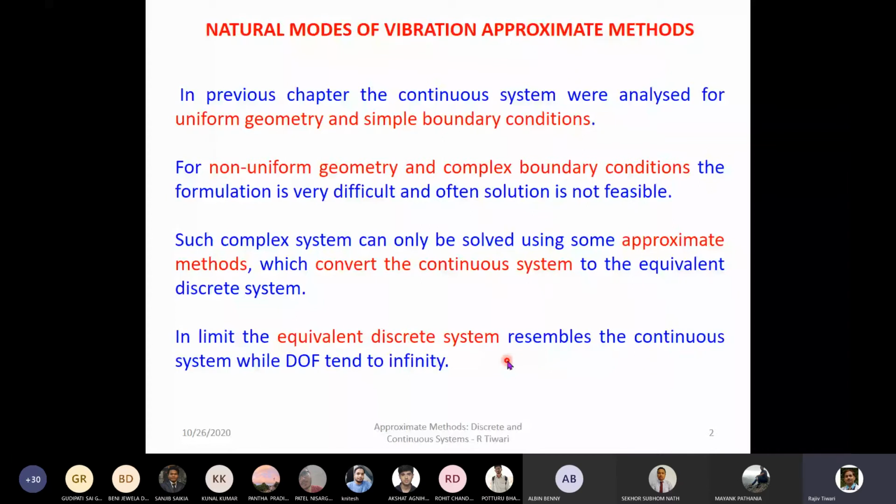That is the limit. If we gradually increase the degrees of freedom of the discrete system to infinity, the eigenvalue, eigenvector and eigenfunction we get from the discrete system will be equal to those of the continuous system.